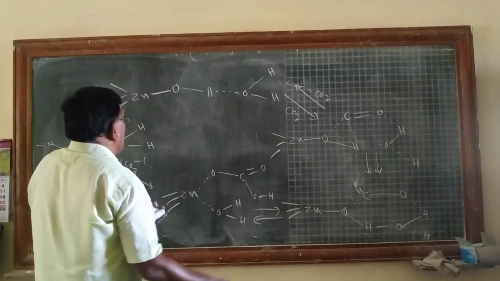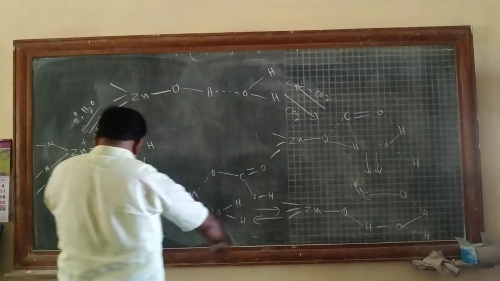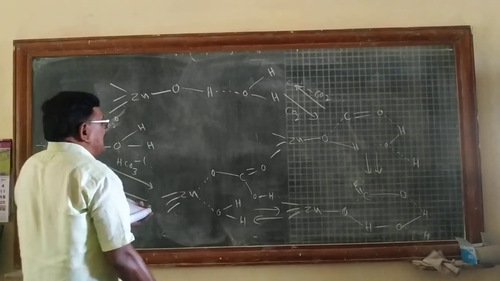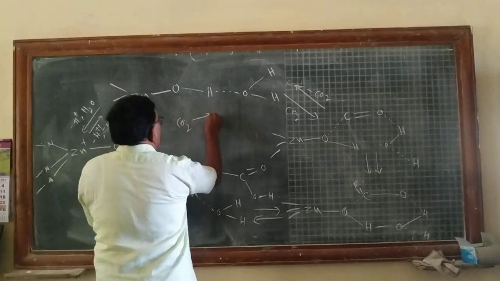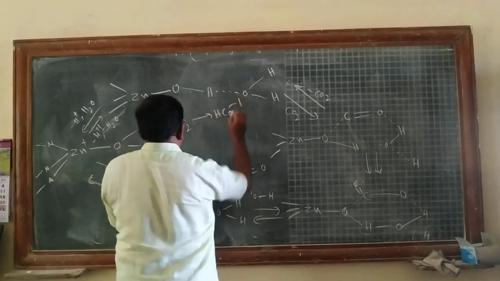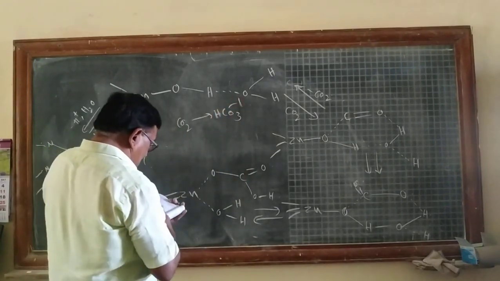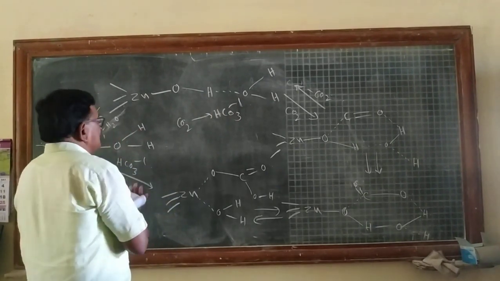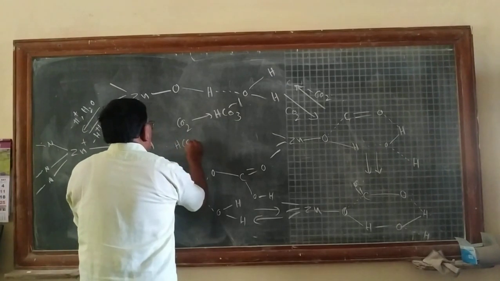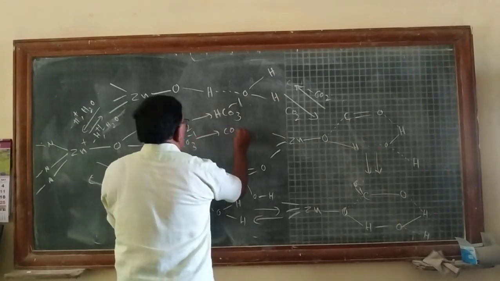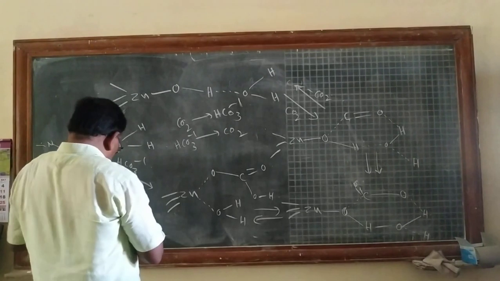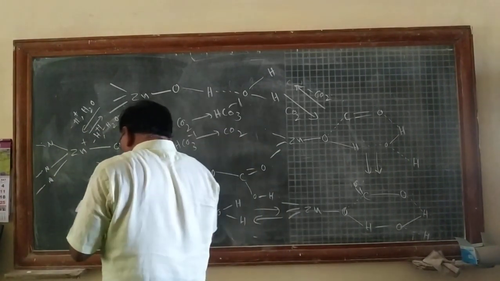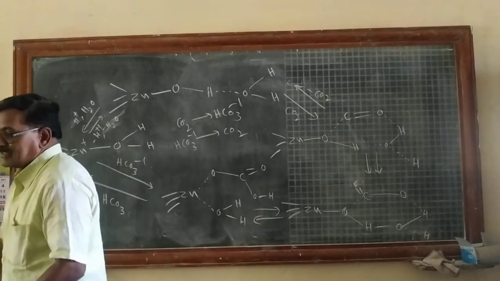The clockwise cycle is the hydration of carbon dioxide to carbonic acid, and the anti-clockwise cycle is bicarbonate to carbon dioxide. So the cycle may proceed in either direction depending upon the concentrations of the reactants in the biological systems.